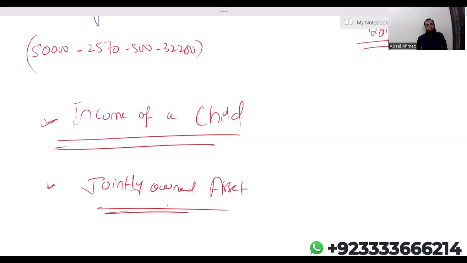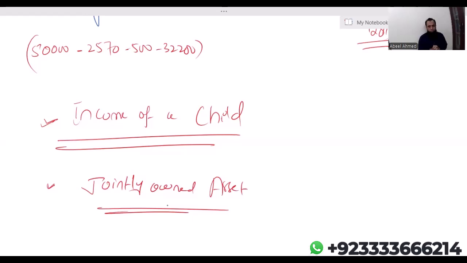Income is coming from a jointly owned asset, then that income will be split between them 50-50% unless both of them jointly declare to HMRC the actual ownership proportion. If they both go to HMRC and jointly declare their actual share of ownership, only then will income be split according to their actual ownership. Otherwise, always 50-50. Nothing is mentioned in the question.